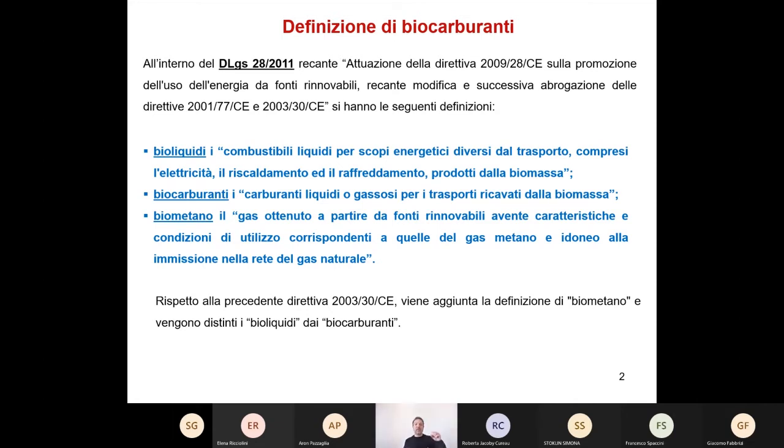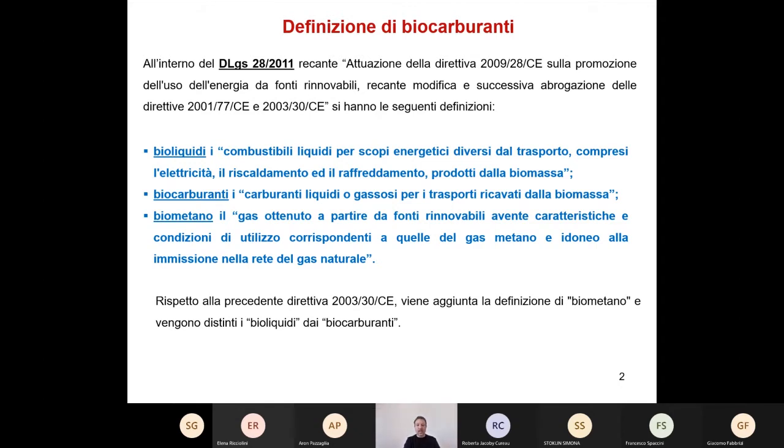If you speak about liquid or gaseous fuels for transport, you have to use the word biofuel. So biofuel is liquid, of course, but used for the transport sector: biodiesel, bioethanol, or for example biomethane, which is a gaseous biofuel. We will have time to go into detail on these pathways.